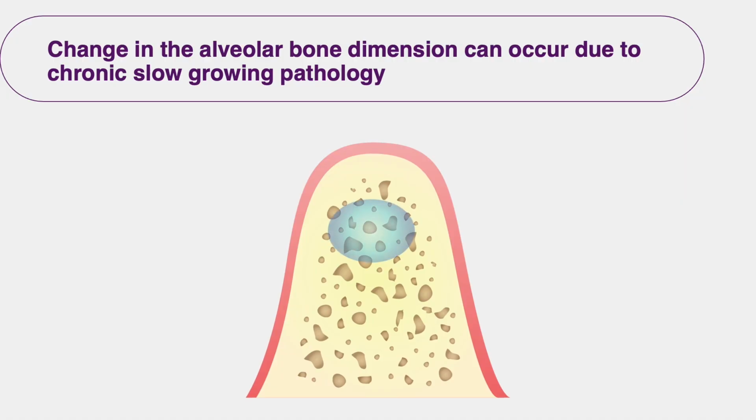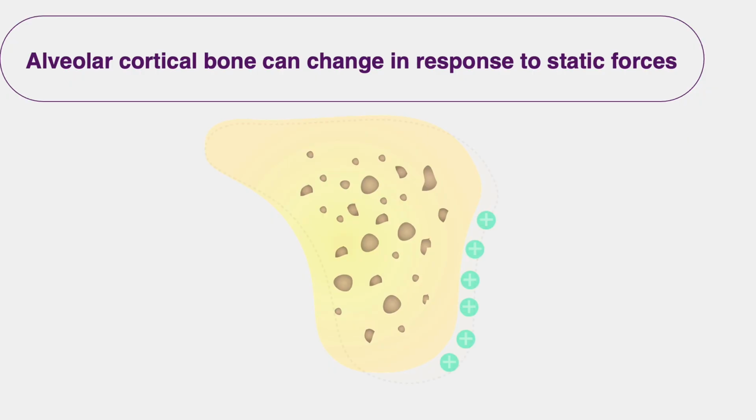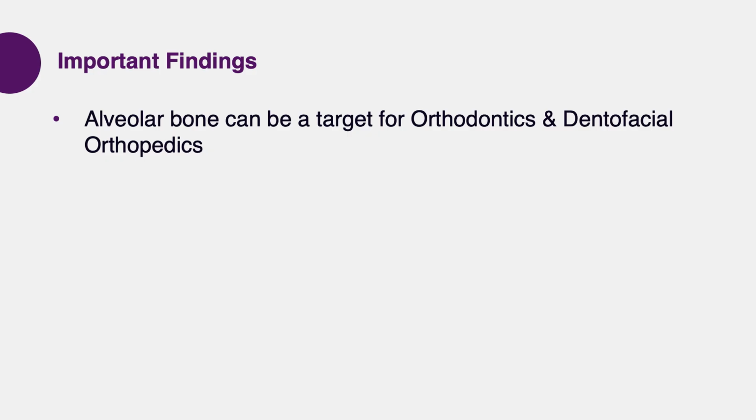During pathology, if you have a cyst or tumor that grows chronically, a static force is applied to the periosteum and you will see the expansion of alveolar bone. Alveolar bone is not fixed and can be changed in response to static forces, and therefore should be used as a target for orthodontics and craniofacial orthopedics.